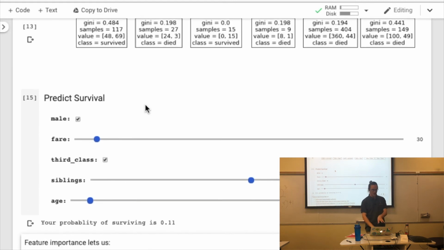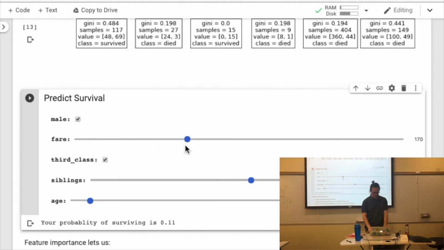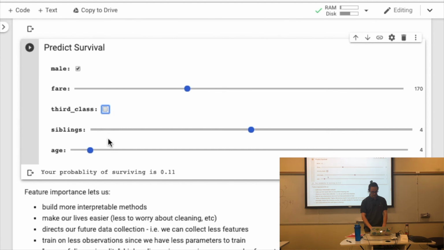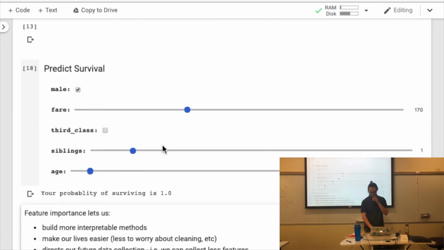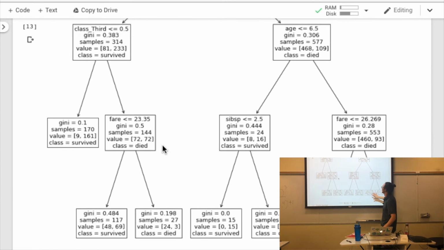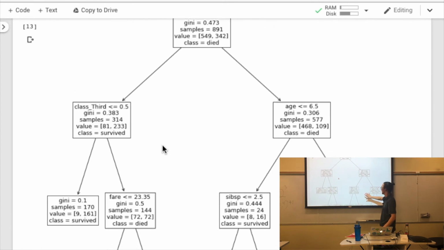And so you can play around with this, and you can see how by changing different parameters, your probability of surviving will change. And you can relate that to the tree. As you play around with the parameters, track your settings here, and then follow those settings in the tree.